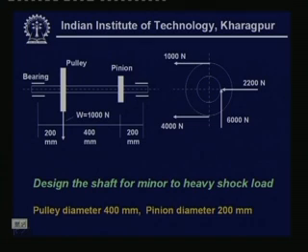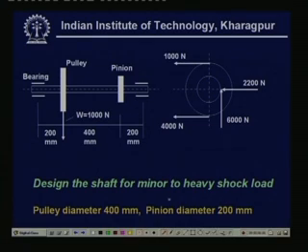So, if we consider the design based on the ASME code for the minor to heavy shock load, and look at the various factors to be utilized, Cm can be taken as 2 and Ct, the factor for torsion, can be taken as 1.5.